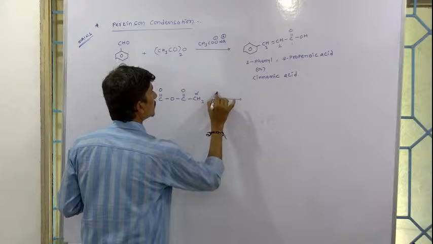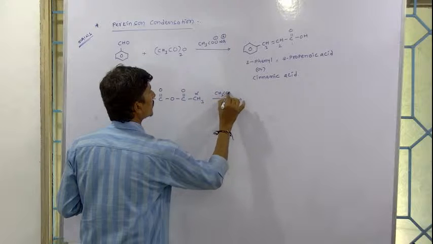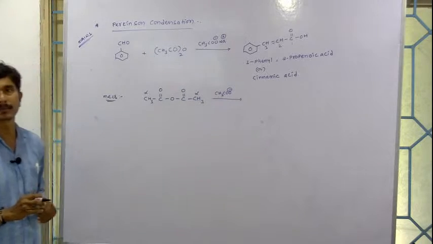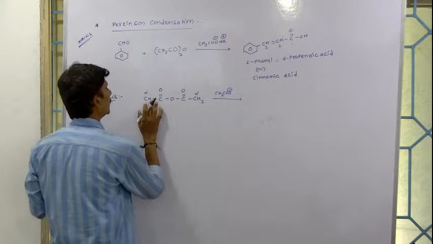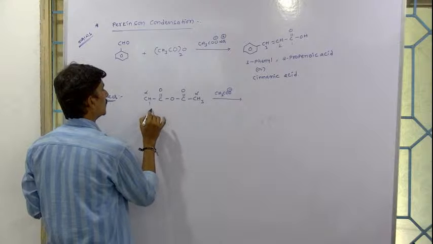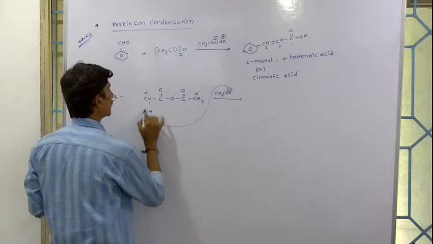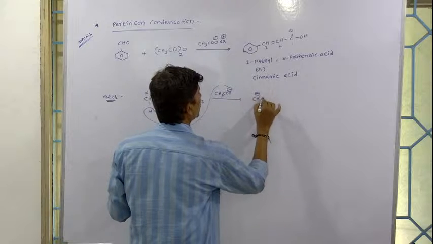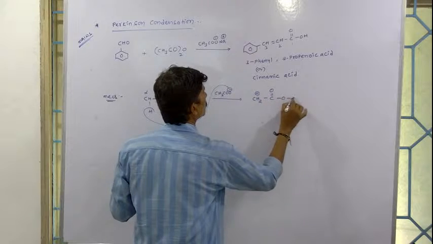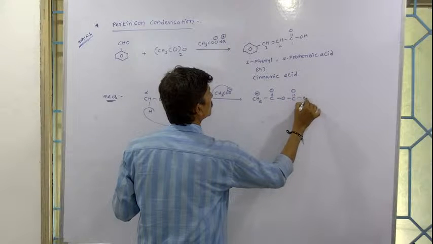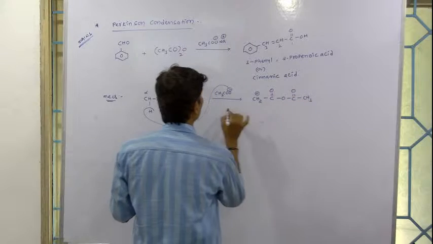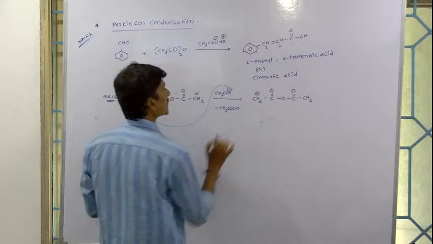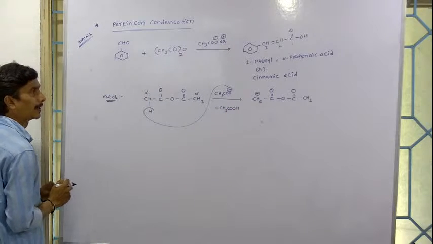When treated with the sodium salt of acetate, it acts like a conjugate base which can trap the hydrogen. This acetate ion removes this hydrogen atom and converts into CH2 minus C double bond O, removed in the form of acetic acid. That is step 1.